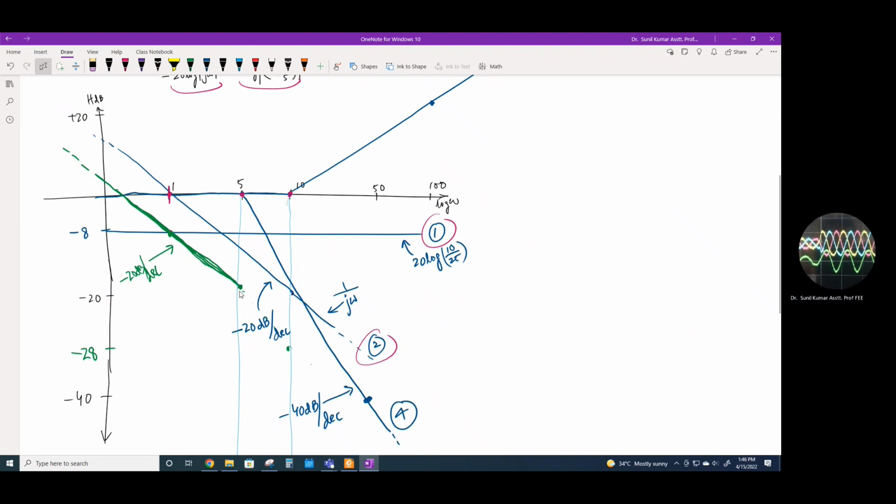So this value we had shifted. I think we are not sure about the value of h at this point at omega equals 5. So let's see what we can do.